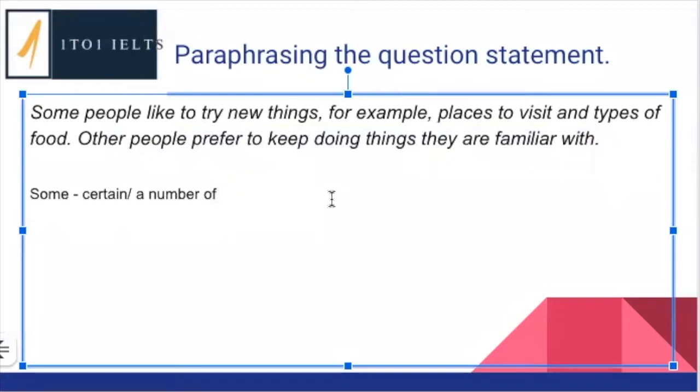No. So some and many are very different. These are words that are very often going to come up in your paraphrases. So make sure we're clear that they are very, very different. People. What's a very easy synonym for people? Yeah, individuals.